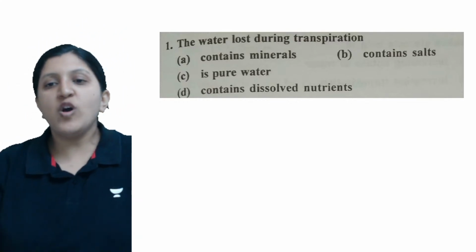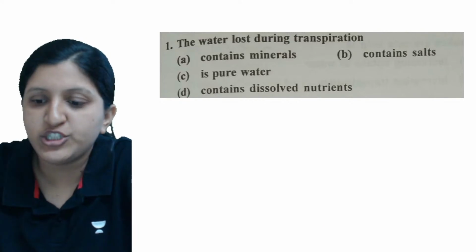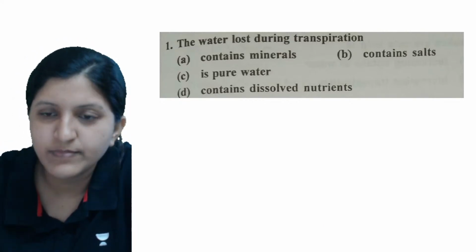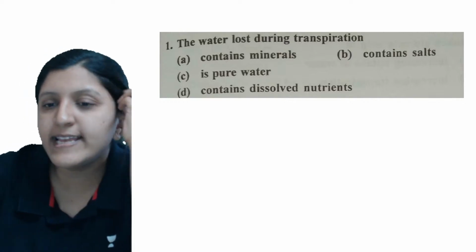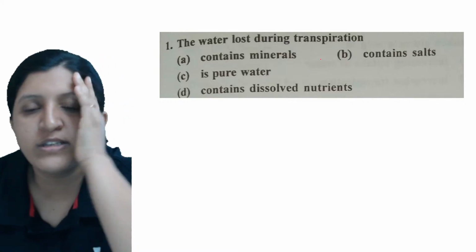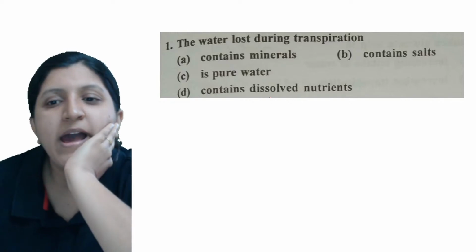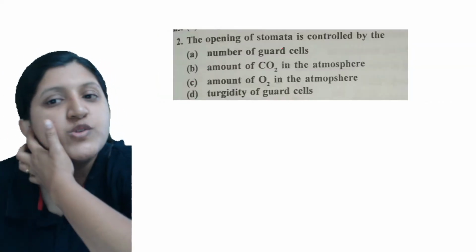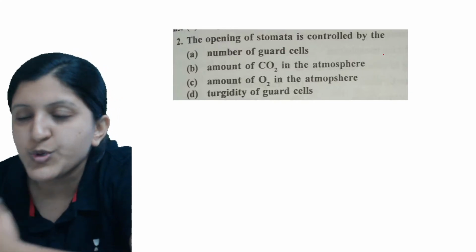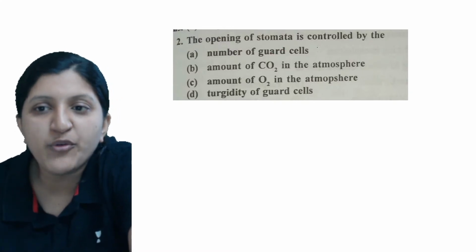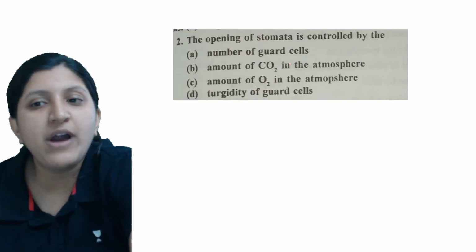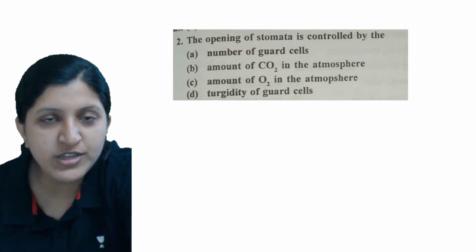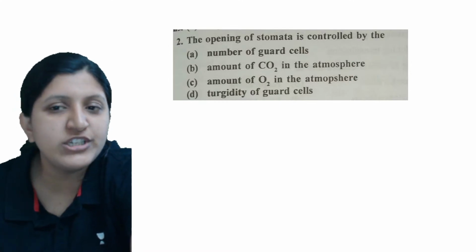Water lost during transpiration contains minerals, salt, or is pure water, or contains dissolved nutrients. So it is pure water. The opening of stomata is controlled by what? The number of guard cells, the amount of carbon dioxide in the atmosphere, the amount of oxygen in the atmosphere, or the turgidity of guard cells.